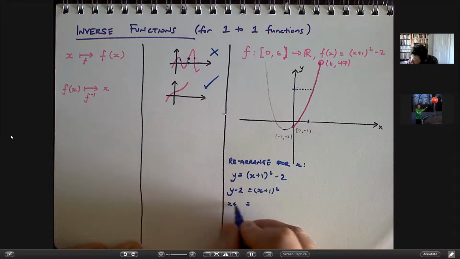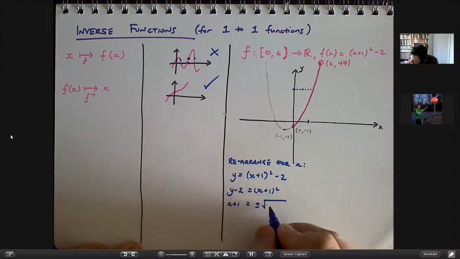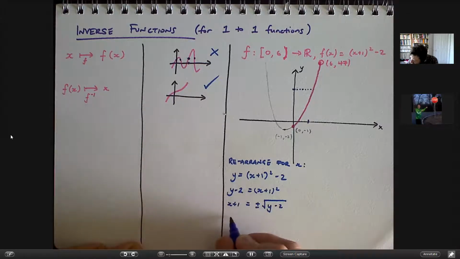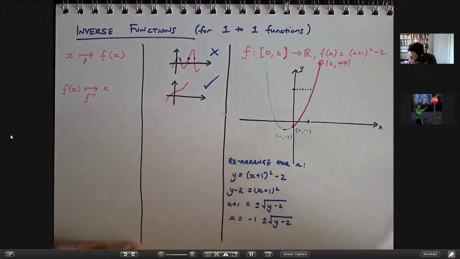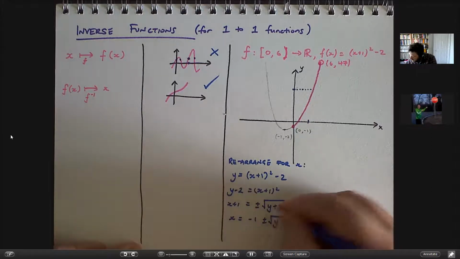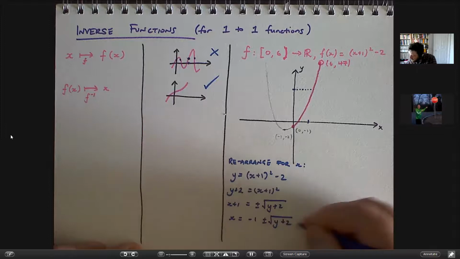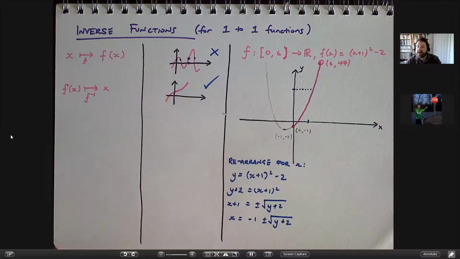I'm just going to move the x to the other side now because it's going to be our subject. Is it y plus 2? Okay, so we get something like that.